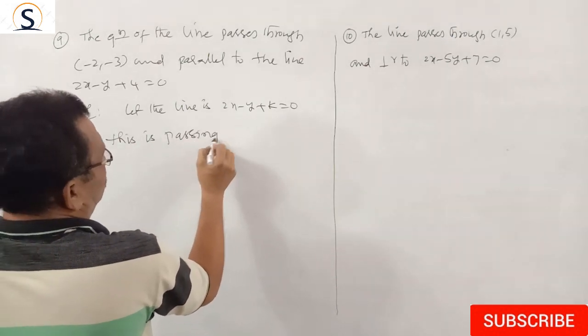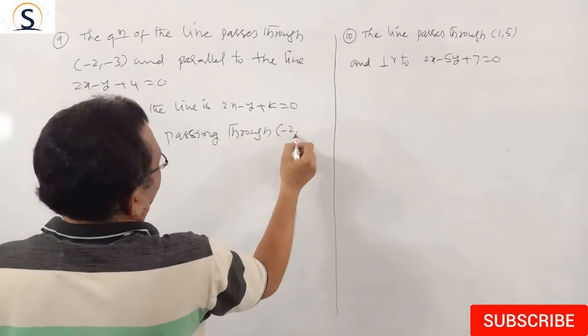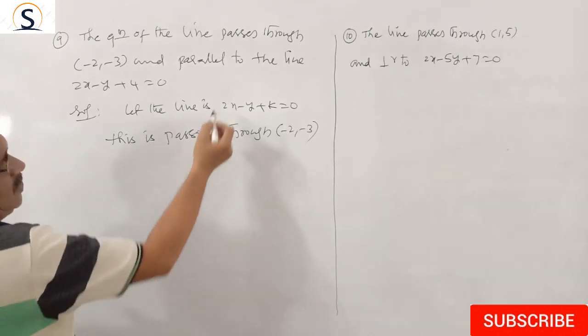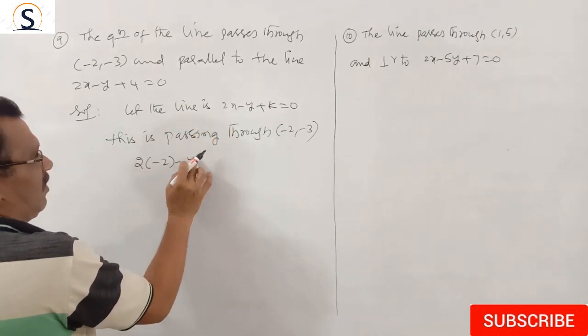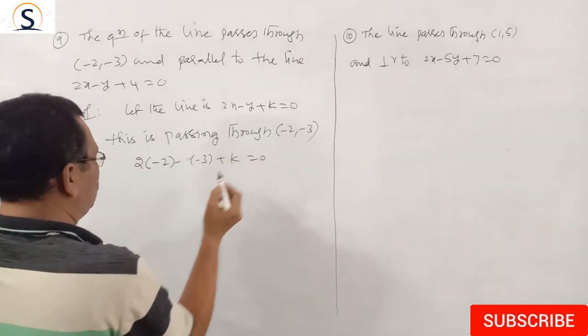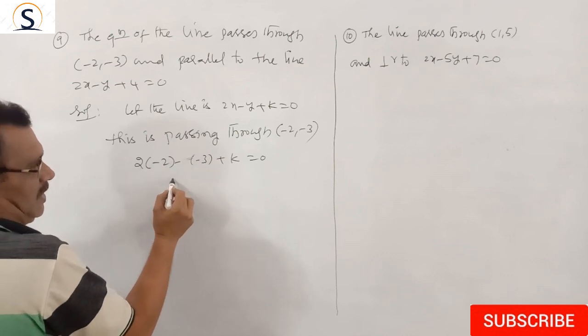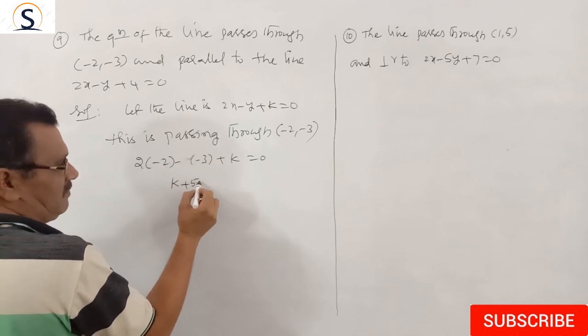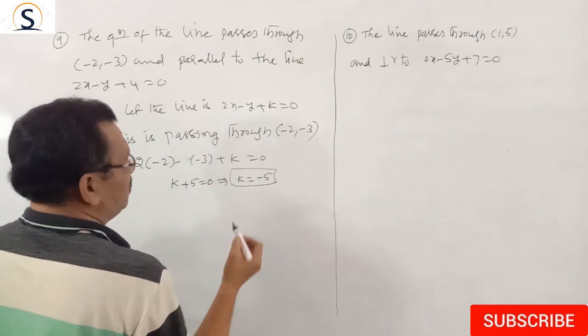But this is passing through the point minus 2, minus 3. So substitute x is equal to minus 2, y is equal to minus 3, plus k is equal to 0. Minus 4 plus 9, 9 minus 4 is 5. So k plus 5 is equal to 0 implies k is equal to minus 5.